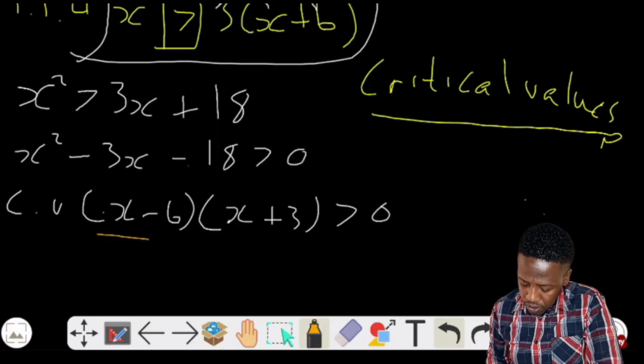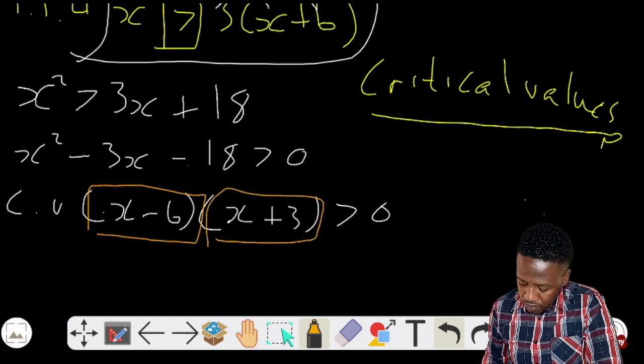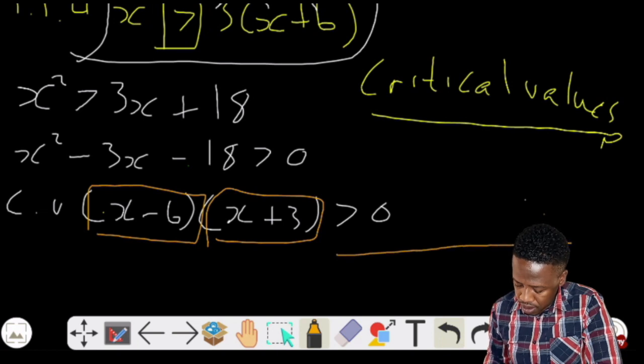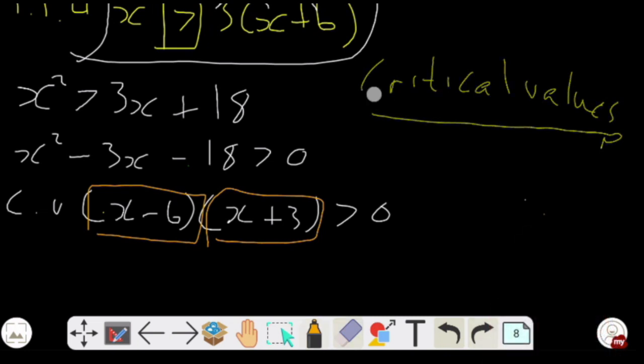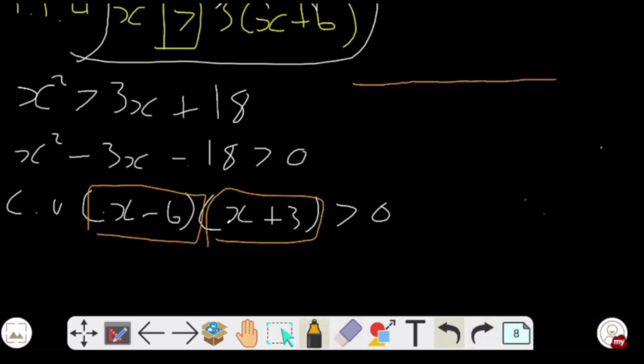You take your critical values and you draw your number line. I'm going to need more space, so let me get rid of this part. I would have my number line there. In this case, it should be minus 3 and then 6.